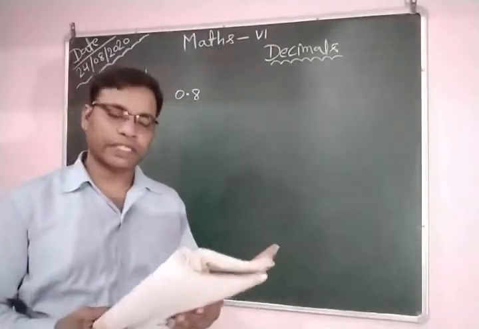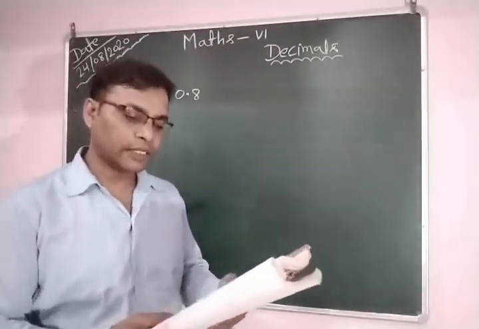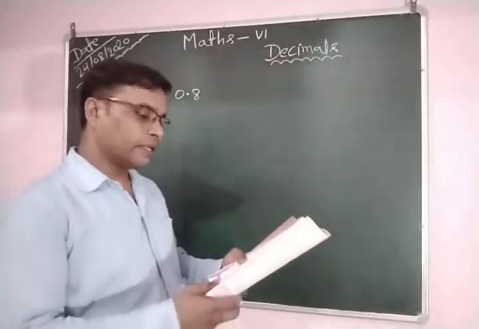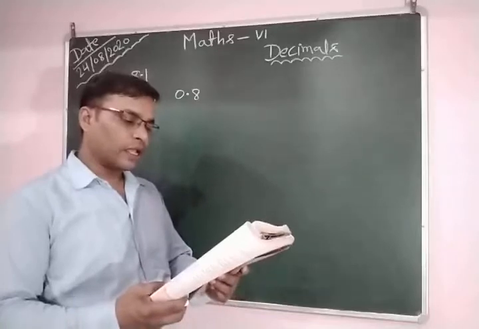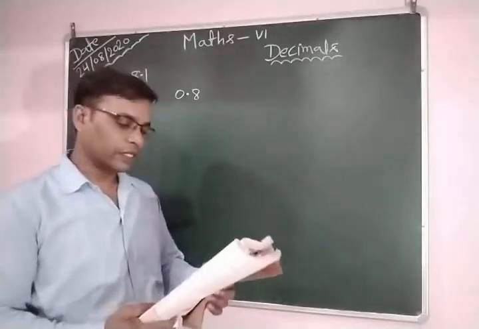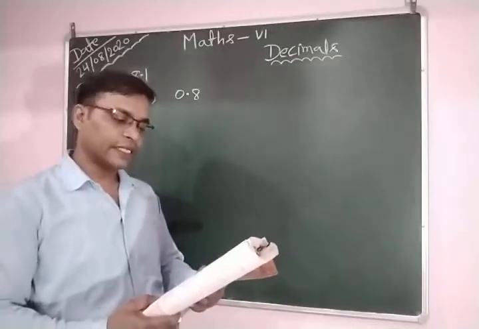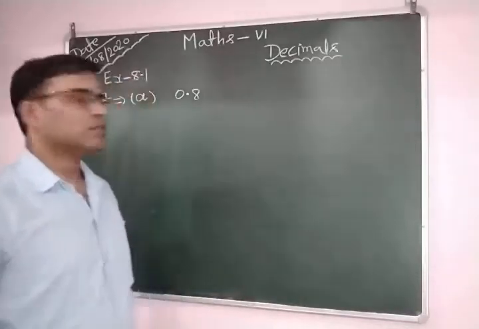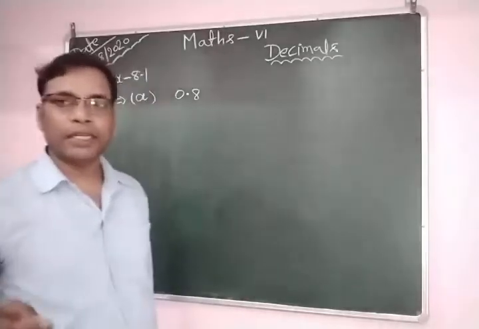Okay, the question 7 is here, between which two whole numbers on the number lines are the given numbers, 0.8 lies, which of these whole numbers is nearest the numbers. So first we represent 0.8 on the number line.